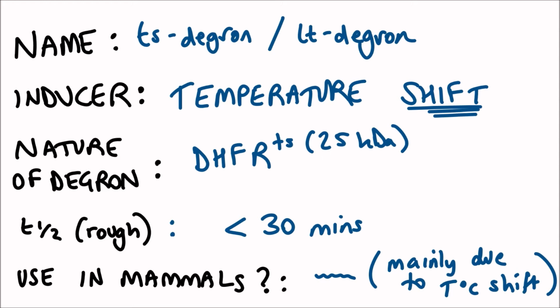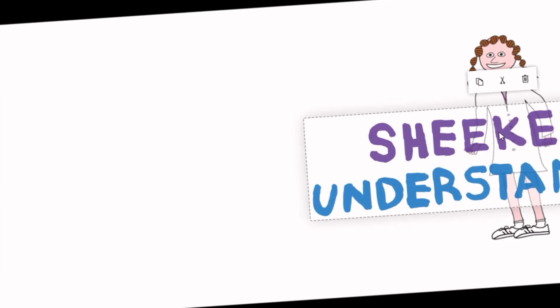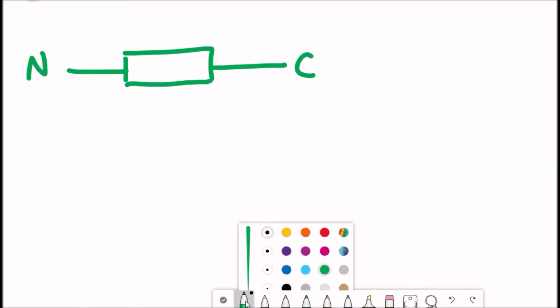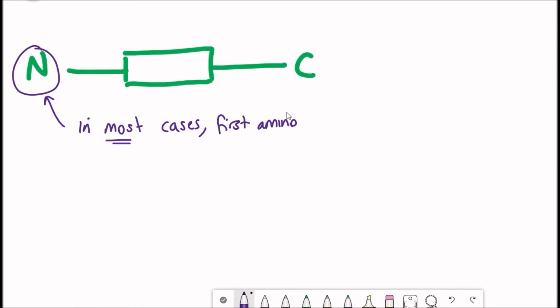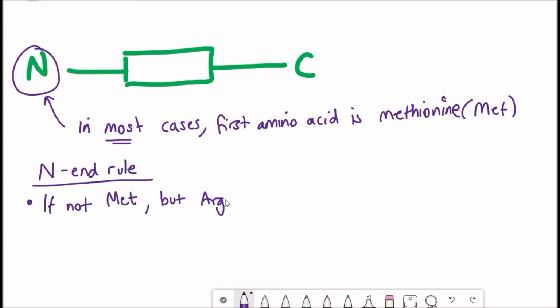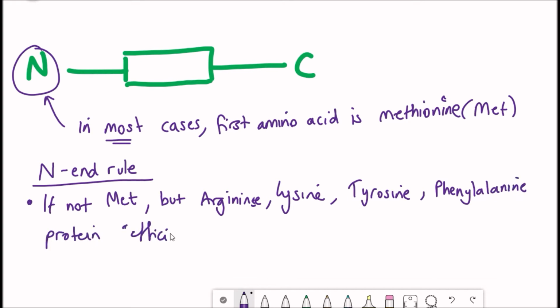So to go into a bit more detail, from my understanding, these temperature-sensitive degrons employ the N-end rule, which basically means that a protein that doesn't have the canonical methionine at the N terminus is going to be more likely to be recognised for degradation.